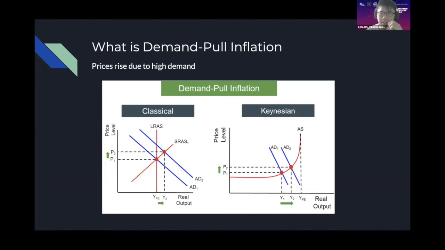But in the Keynesian, they considered the capacity of the output itself, which, for example, if you have been selling something but the factory itself cannot produce anymore, and the demand increased, that made the product itself more scarce when more people want it, and it creates a similar situation where an auction appears, where people are more willing to pay a higher price than the price of the original product.